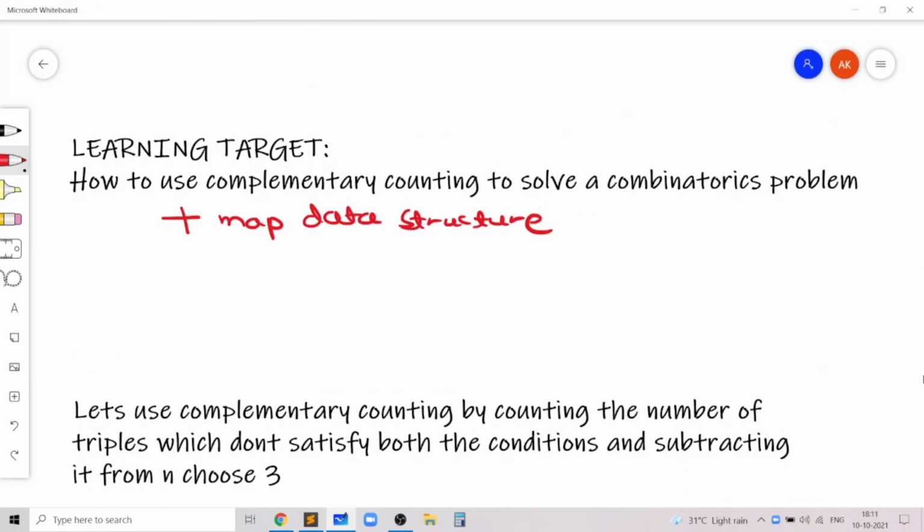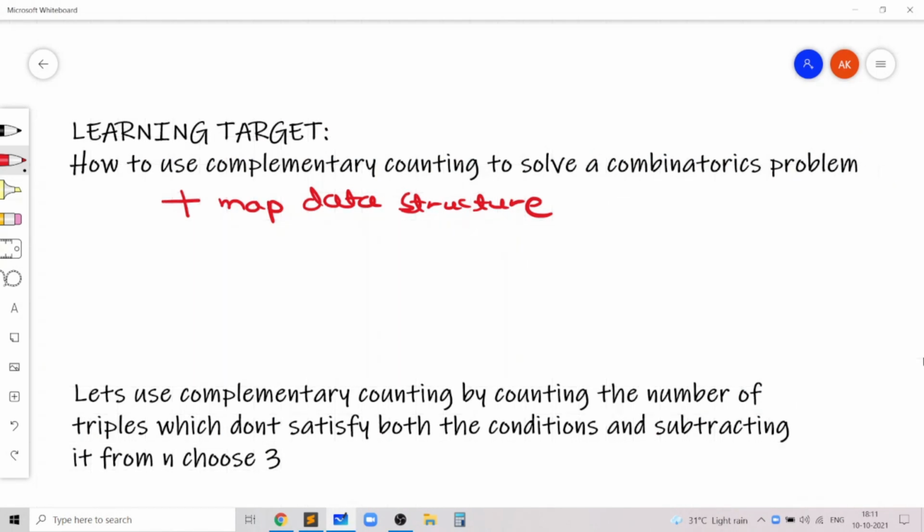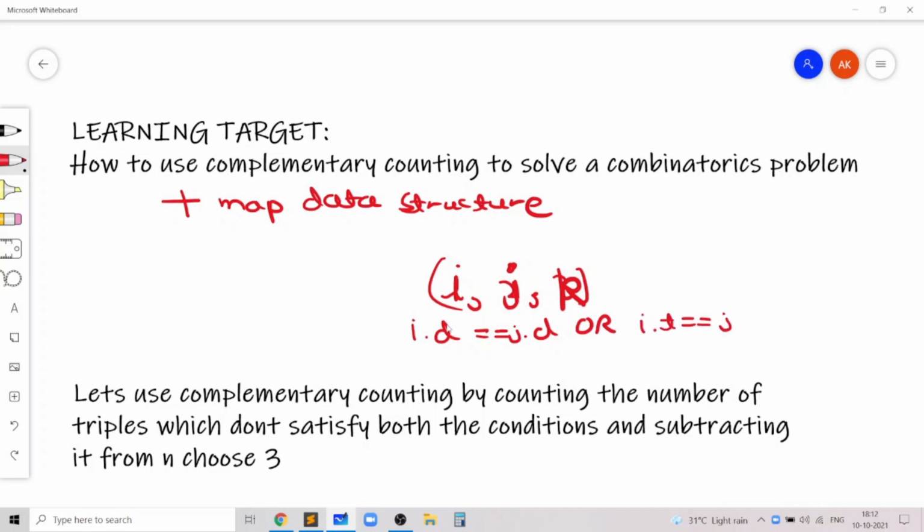So basically, let's say that the three problems which we have selected are i, j and k. Then we want to find how many such i, j, k exist such that the difficulty level of i and the difficulty level of j are the same, or the topic of i is the same as the topic of j.